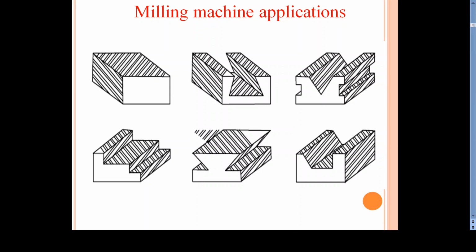For example, if you want to produce a die or mold, normally it has different cavities that is widely made by using milling machines.